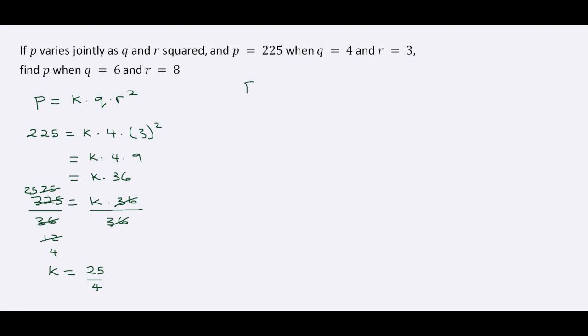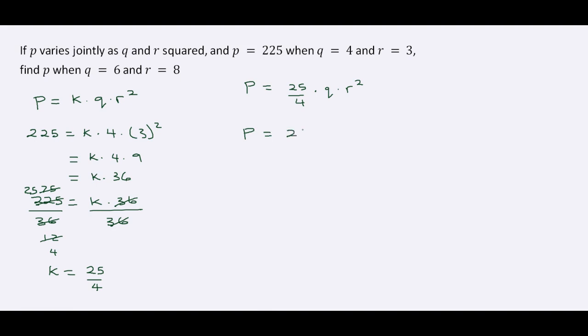So now P is equal to 25 over 4 multiplied by Q multiplied by R squared. Now we want to find the value of P when Q is 6 and R is 8.